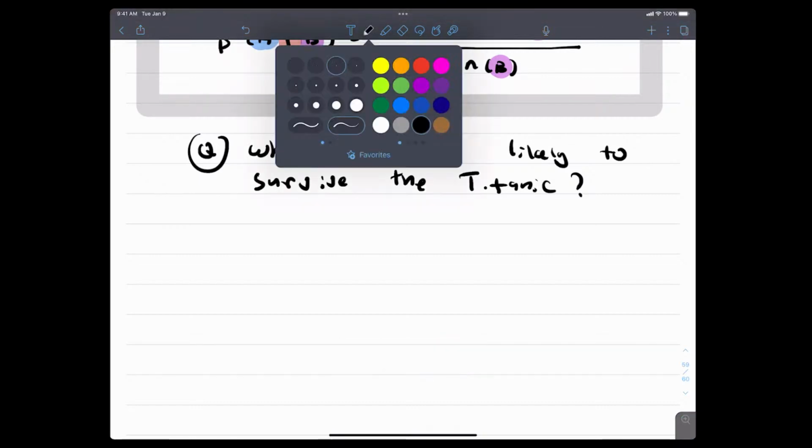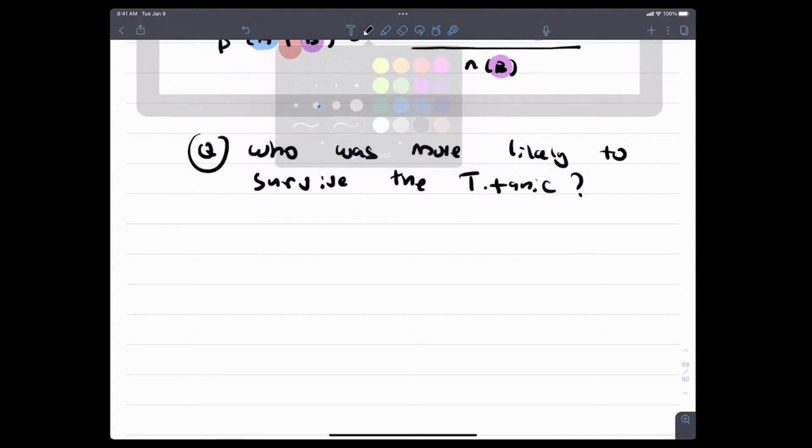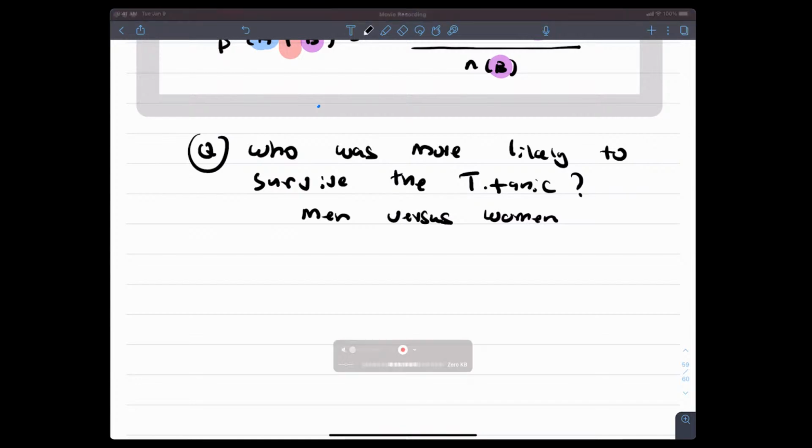And I'm going to compare two groups. I'm going to say men versus who? Women. Okay? So who's more likely to survive the Titanic? And in what sense? Men versus women. And that's not what I want to look at. I want to look at this here.